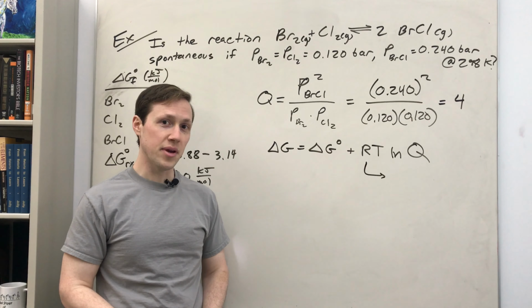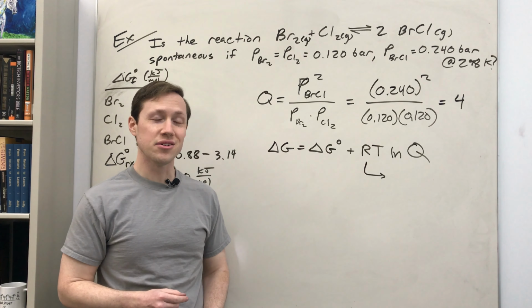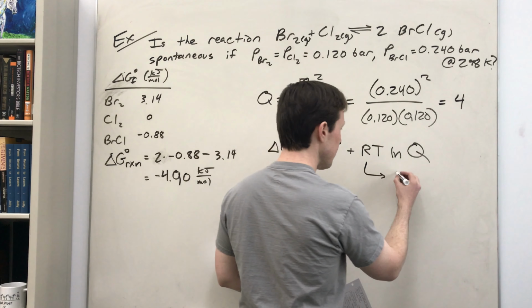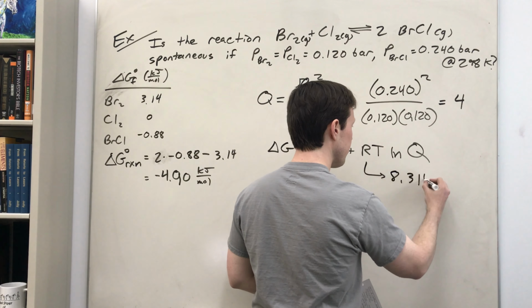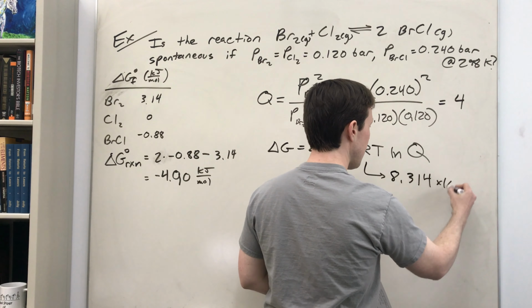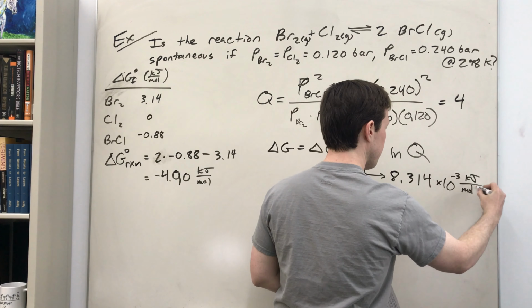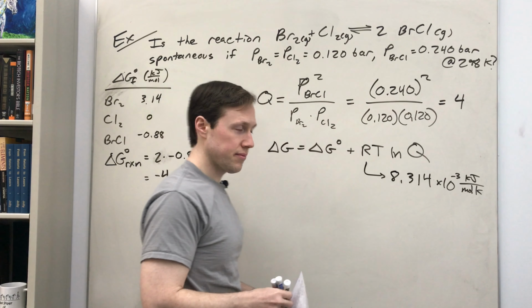This is the kind of information that you could look up on your table of constants, and it happens to be 8.314 times 10 to the negative 3 kilojoules per mole Kelvin.